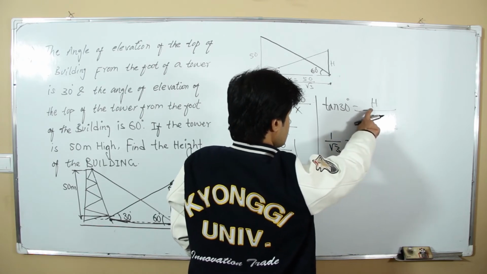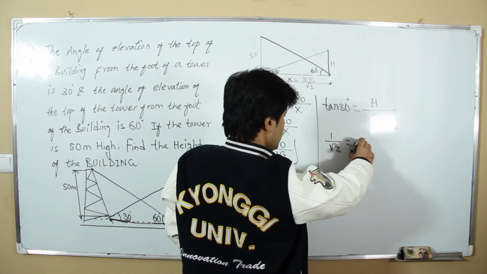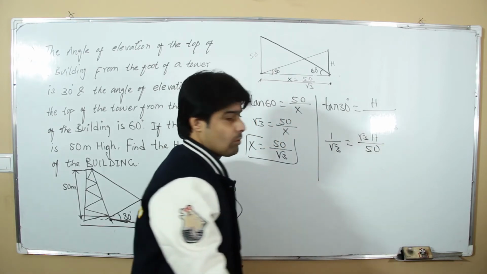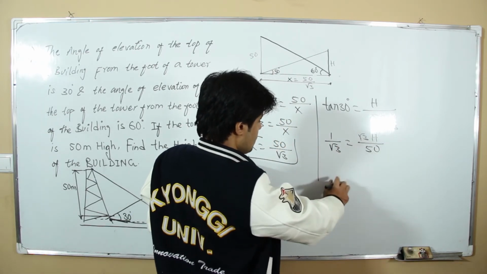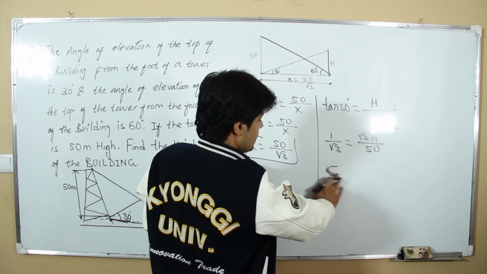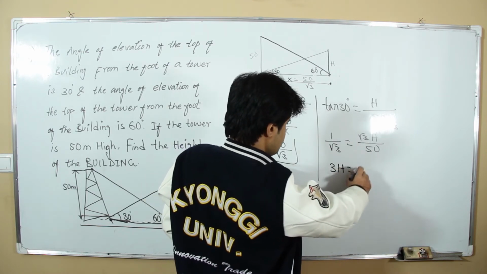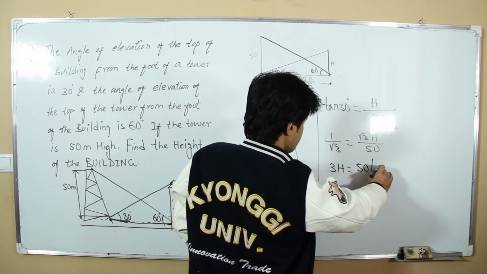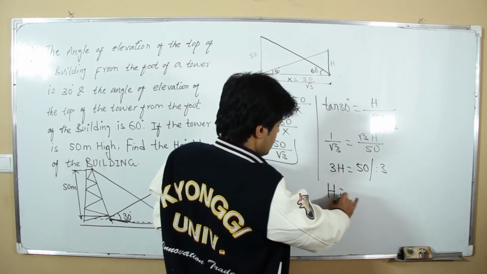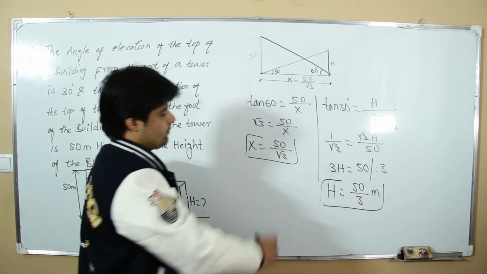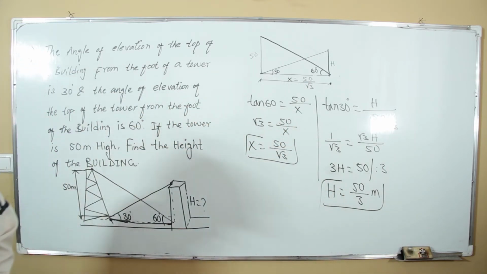This root 3 goes to numerator, root 3h divided by 50. Now, cross multiplication, this one with this one, root 3 with root 3, it's 3. 3h is 1 times 50 is 50. Divide both sides by 3. h is 50 divided by 3 meter. Write it, please.